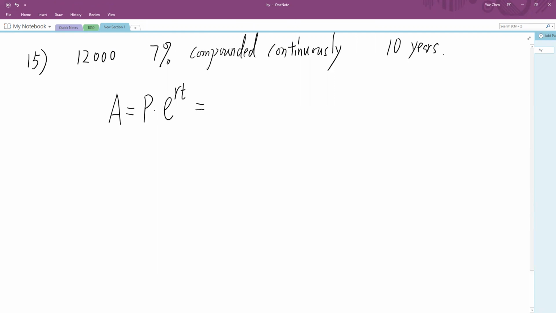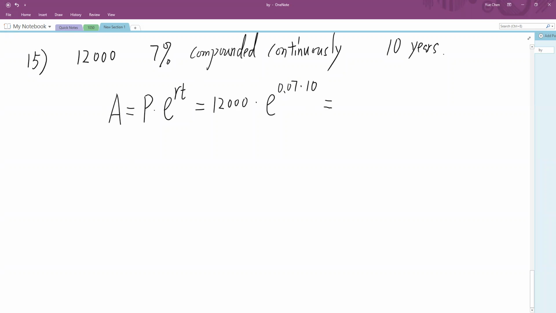So now our A equals what? 12,000 times E to the 7%. 7% is what? 0.07, right? 0.07 times t. T is what? T equals 10. Okay.